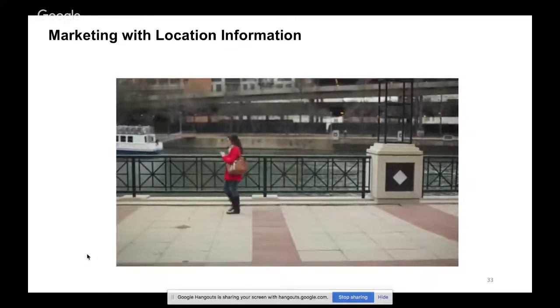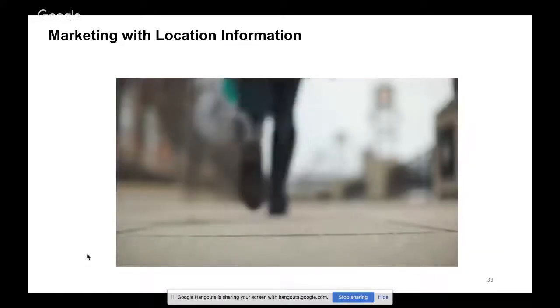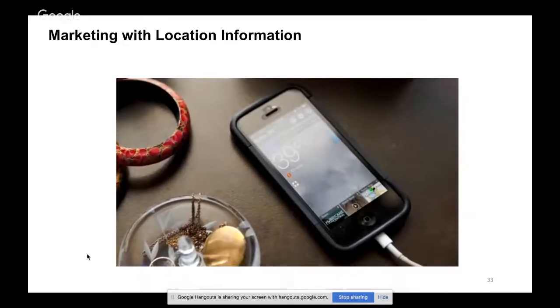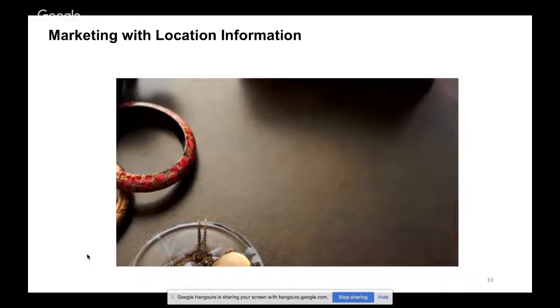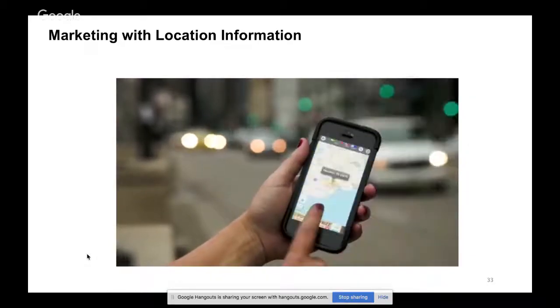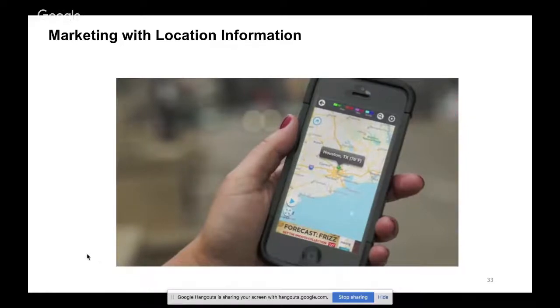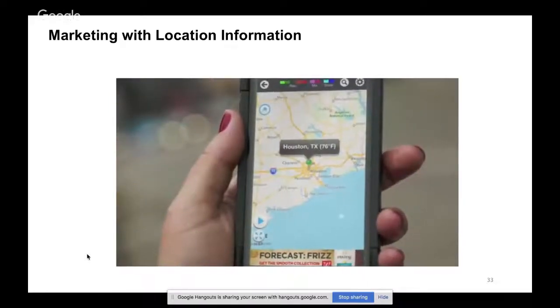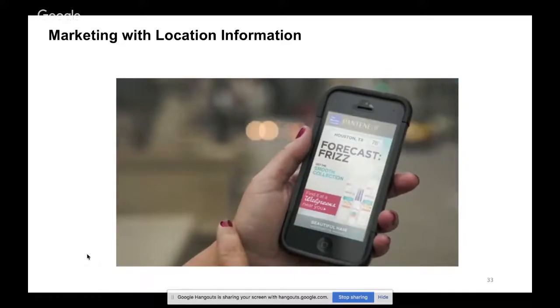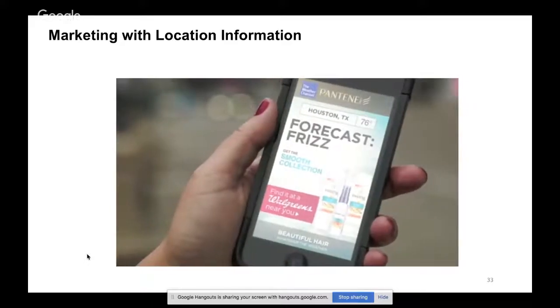My weather app is on the front of my phone because I use it every single day. We learned that women check the forecast first thing in the morning to see what the weather will do to their hair. So Pantene brought in the world's most popular weather app to deliver a geo-targeted Pantene hair solution to match the weather. When it was humid in Houston, we recommended the Pantene Smooth and Sleek collection for frizzy hair.